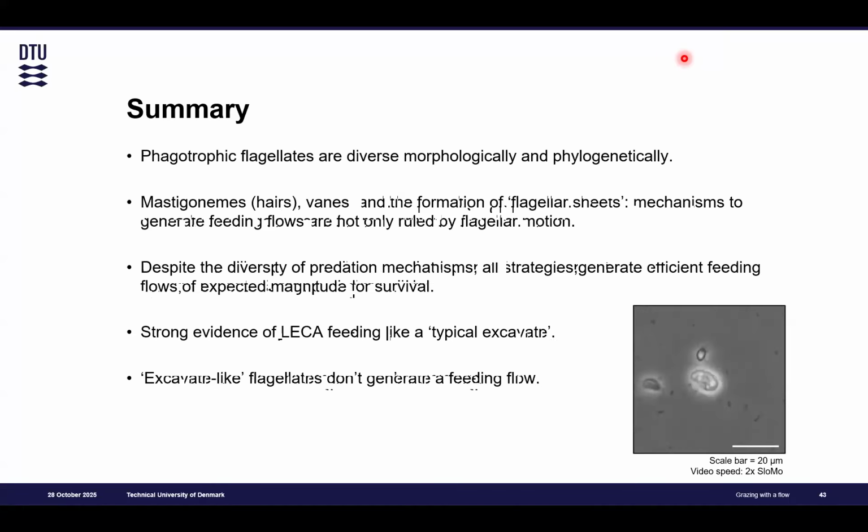And also, I'm wondering whether you have a sense of what sort of trade-offs are involved. Is any of these structures, these hairs or the veins, capable of fulfilling other functions in the life of flagella?